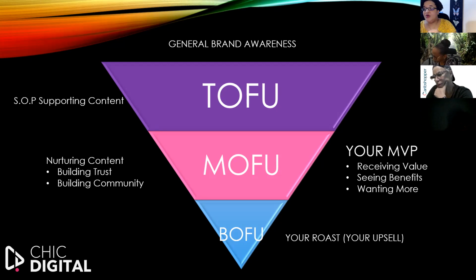Okay. So in other words, if my statement of purpose, drilling back, is that I help overwhelmed and overthinking entrepreneurs, solopreneurs, find their brand of truth, my content is supposed to be offering value in that regard. It's supposed to be supporting my statement of purpose. When I move down, I'm building trust, I'm building community. So my MVP, one of them is free discovery calls.